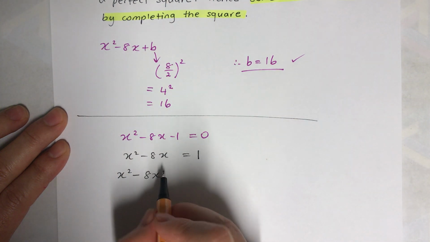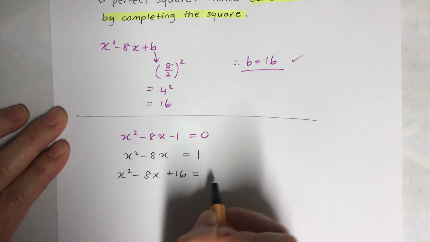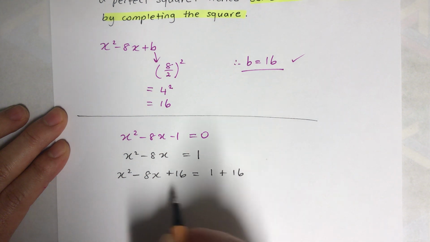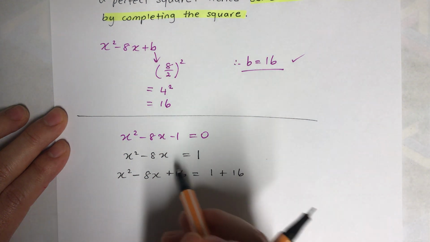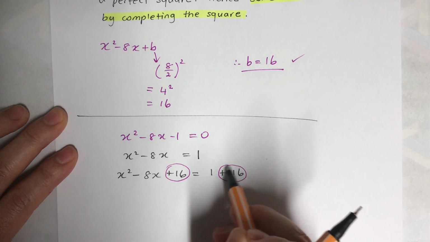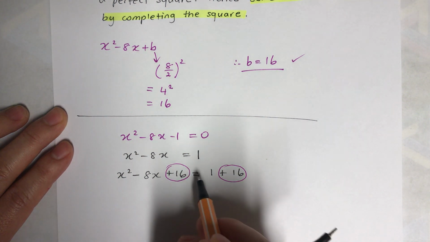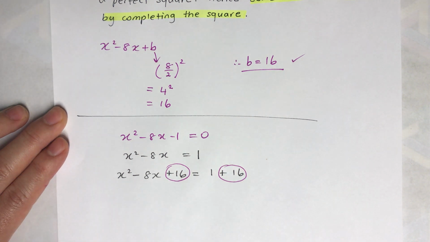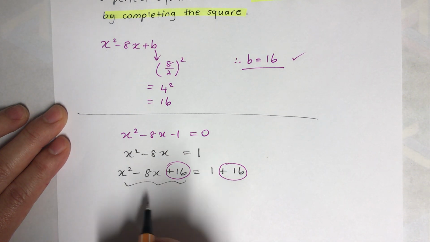I need a 16, so I'm going to add 16 here, and I'm going to add 16 here. So what happened here is I'm adding on the left hand side, and I'm going to do the same thing, adding on the right hand side, so that the equation is balanced.